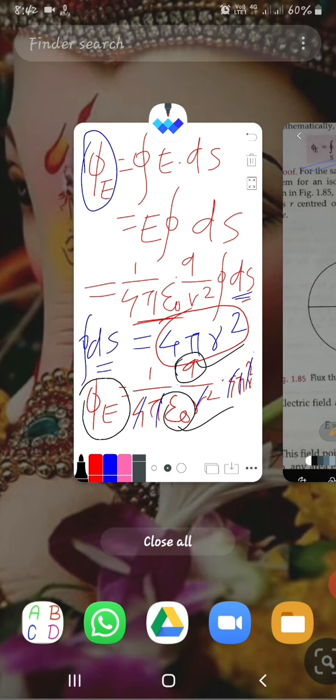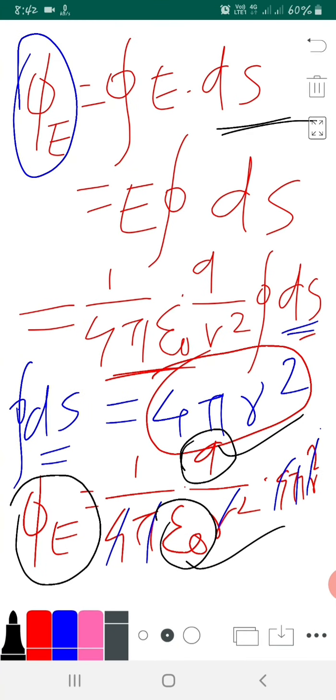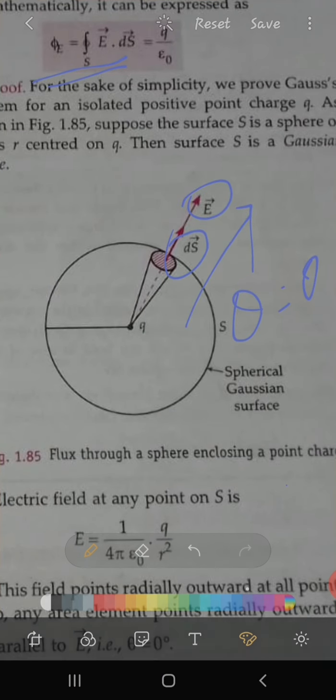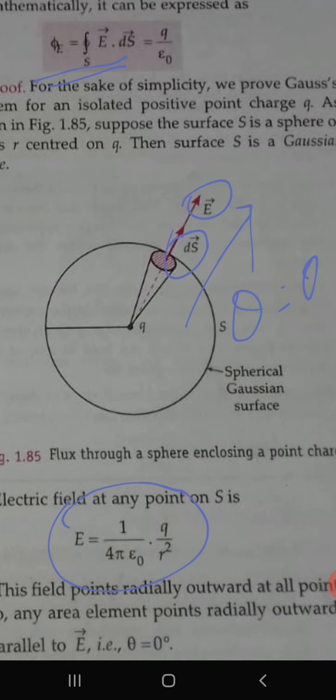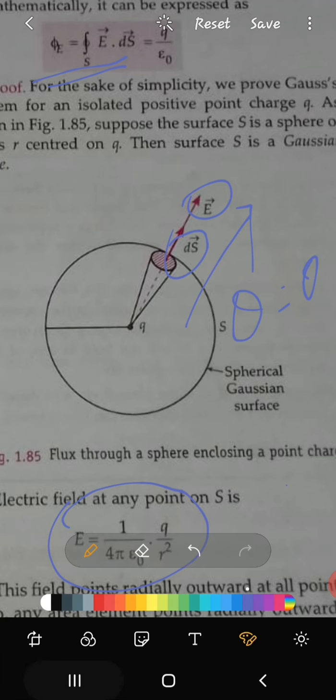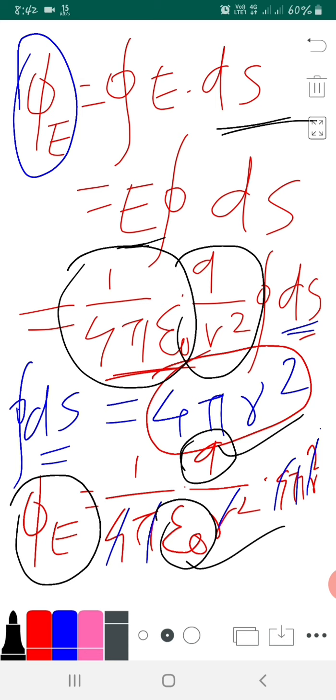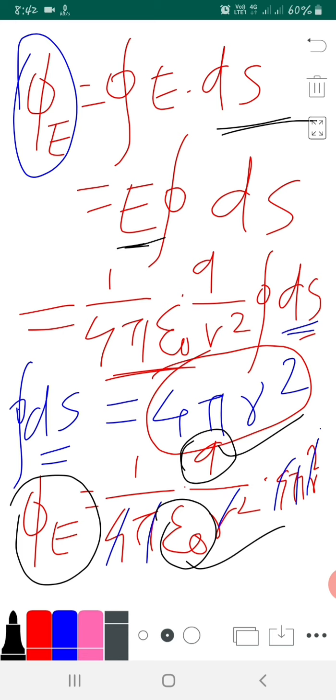If you take the LHS, phi E is equal to line integral of E ds. But we know the electric field intensity produced due to a single isolated point charge, already derived, is E equal to 1 upon 4 pi epsilon naught q upon r square. So we take the value of E as 1 upon 4 pi epsilon naught into q upon r square, with the line integral of ds as it is.